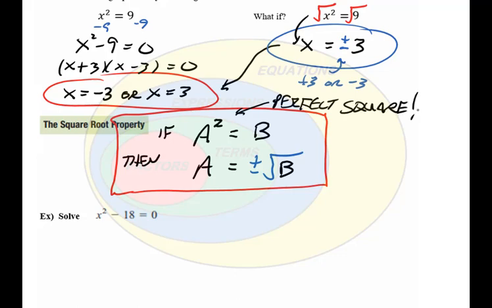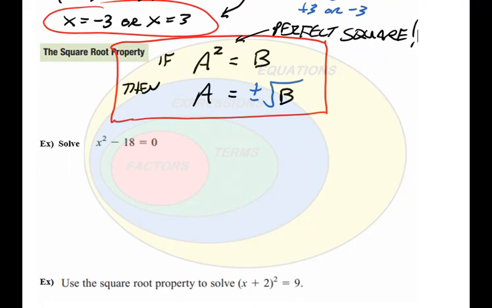So if you notice here, the next example, I'm going to try and solve x squared minus 18 equals 0. Well, I have a perfect square term, but it's not equal to 0. So all I need to do is add 18 to both sides, and I end up with x squared equals 18.